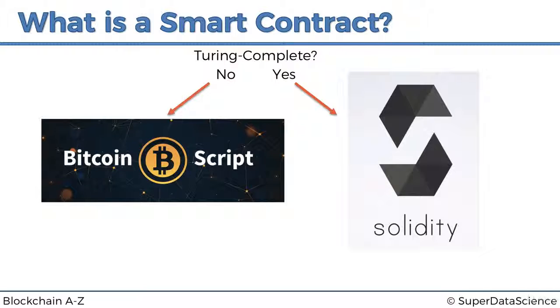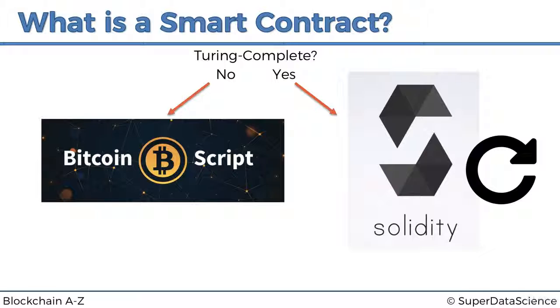Well, why is Bitcoin script not Turing complete and Solidity is Turing complete? Well, because in Bitcoin script there is one component that is missing, a very important component, and that component is called loops. So loops, if you're familiar with programming languages, you know what loops are. You know, the for loop or the while loop, that type of thing.